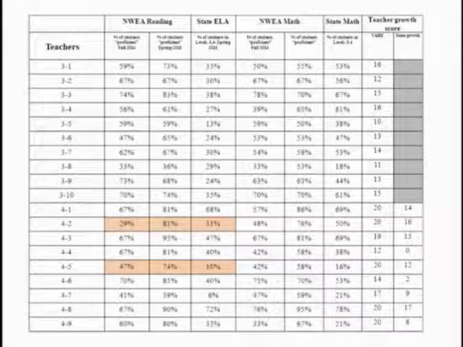The last column are the state scores. Now, I believe I showed the board a video on how the state calculates their scores. It's fairly convoluted, but basically what they do is they group children on the score they received last year. So every kid that got a raw score of 300, they put in one bucket.